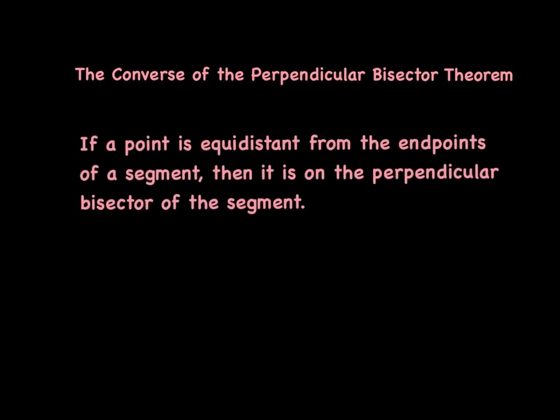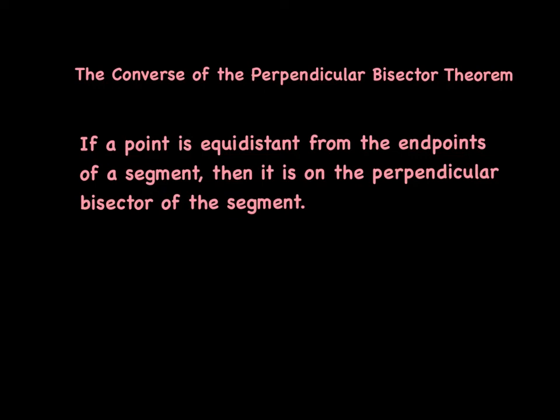But wait, there's more. Don't go away. We also have the converse of the perpendicular bisector theorem. The converse of the perpendicular bisector theorem states that if a point is equidistant from the endpoints of a segment, then it is on the perpendicular bisector of the segment.